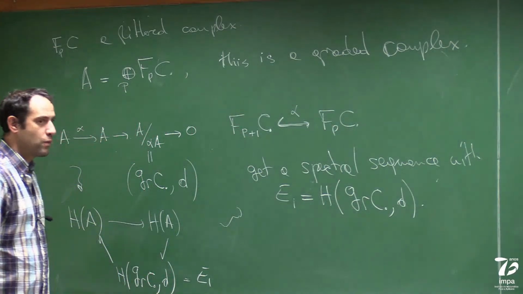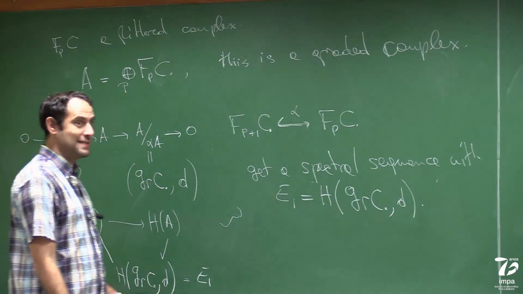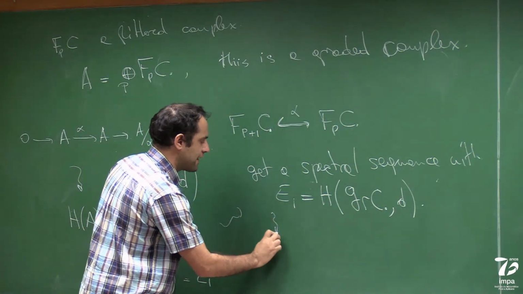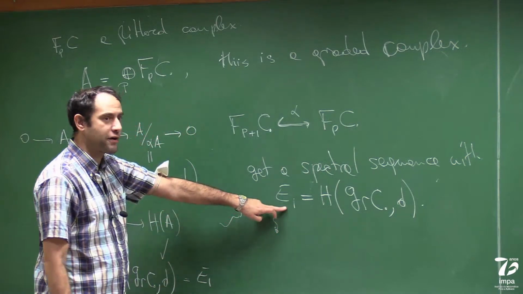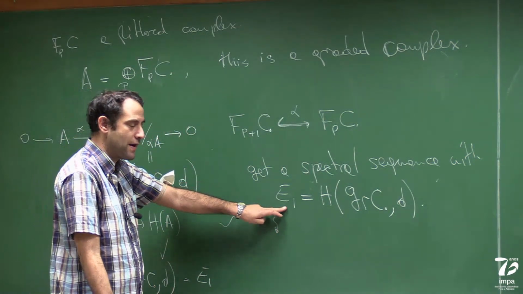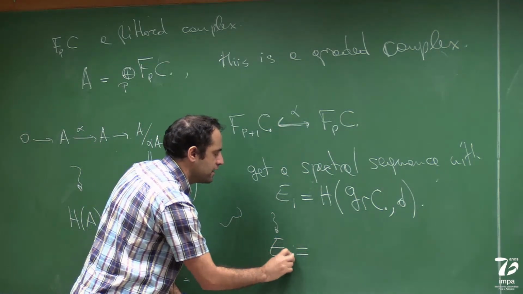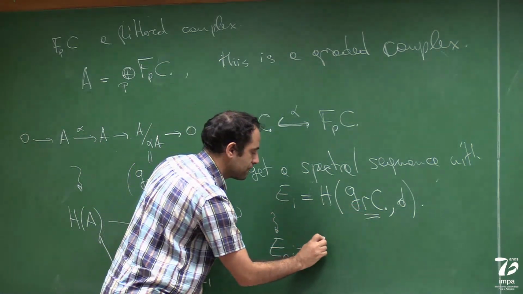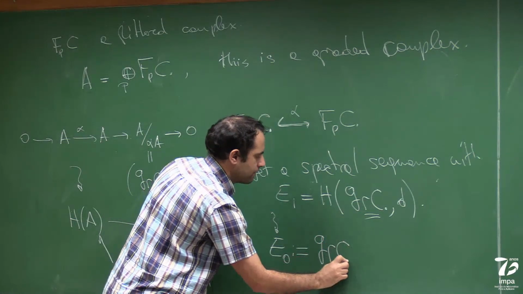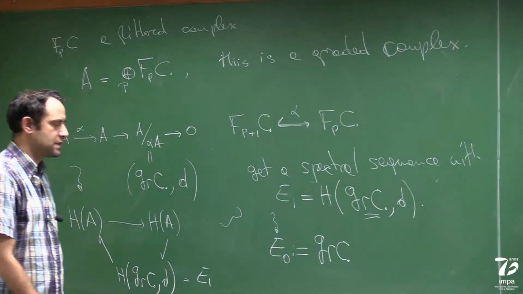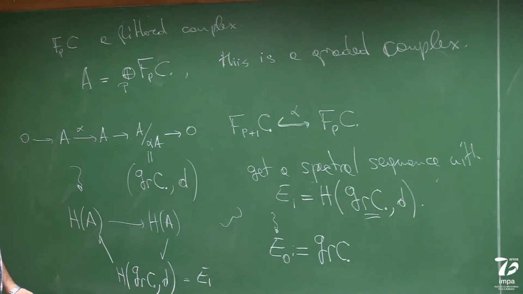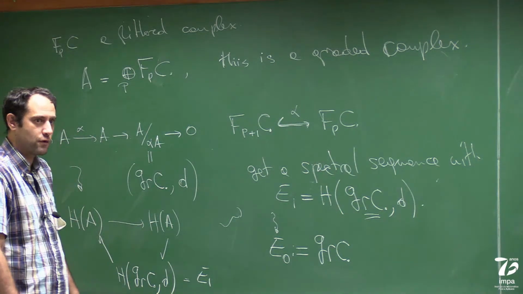So we might as well just start the spectral sequence in E0. I define spectral sequences starting from r equal to 1, but it makes sense to define them starting from any r. In particular, I can just define E0 to be this complex. Just that complex. And E1 is the homology of that, and E2 is the homology of E1, and so forth.